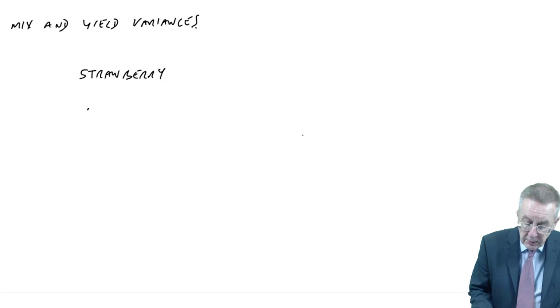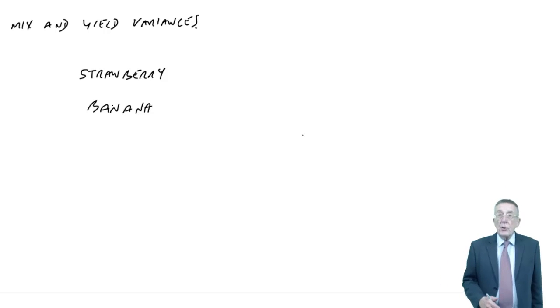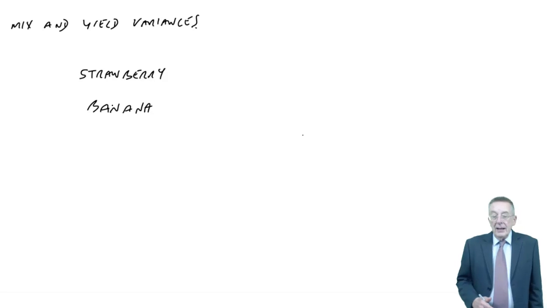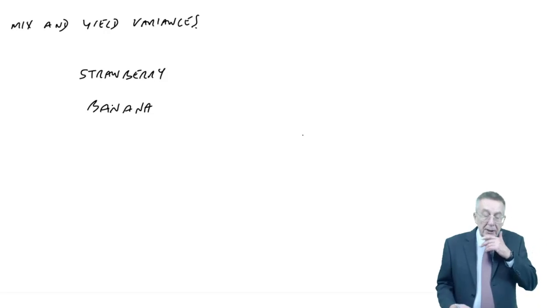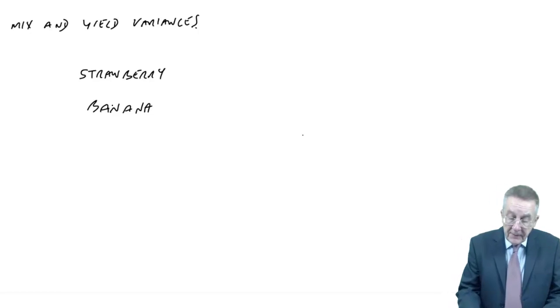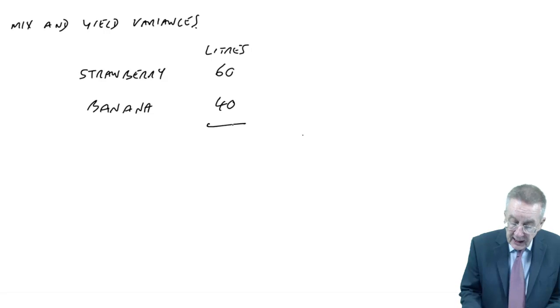It was a mixture of strawberry juice and banana juice. Suppose we were making strawberry and banana juice, and I'd done a standard cost card, and I'd said, for every 100 litres, we're going to have 60 litres of strawberry and 40 litres of banana.